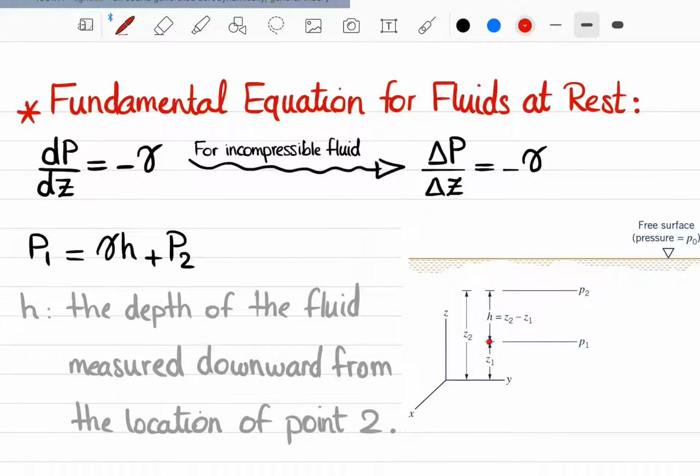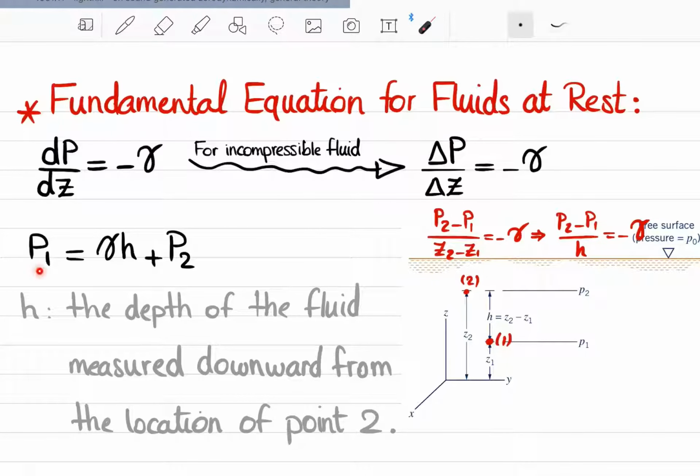For example, here this point is point 1 and this is point 2. So we can write this equation as the pressure difference between those 2 points divided by Z2 minus Z1 is equal to minus gamma. We can call Z2 minus Z1 as H. So this equation would be P2 minus P1 divided by H is equal to minus gamma.